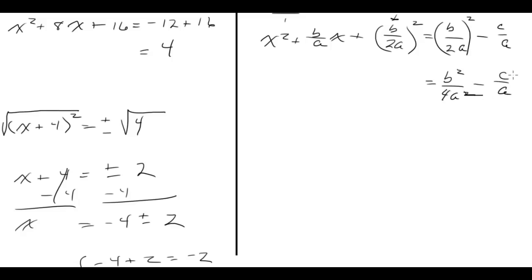Well, let me multiply this by 4a over 4a. Because if I do that, I'm going to get the same denominator. I'm going to get 4a squared, because a times 4a is 4a squared. Now, if I multiply the denominator by 4a, I have to multiply the numerator, because this thing is now 1, and 1 times anything is anything. So I do not change the value of this term. I just change it to an equivalent fraction.